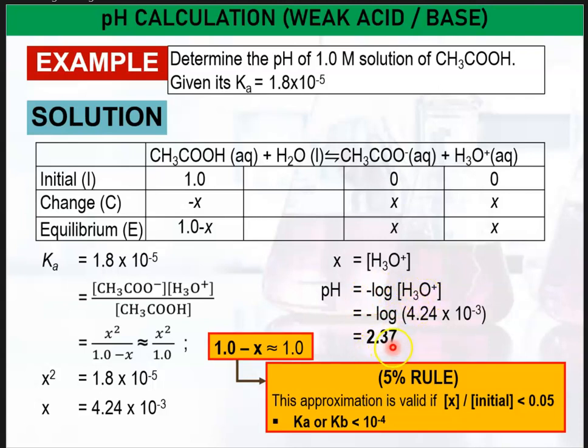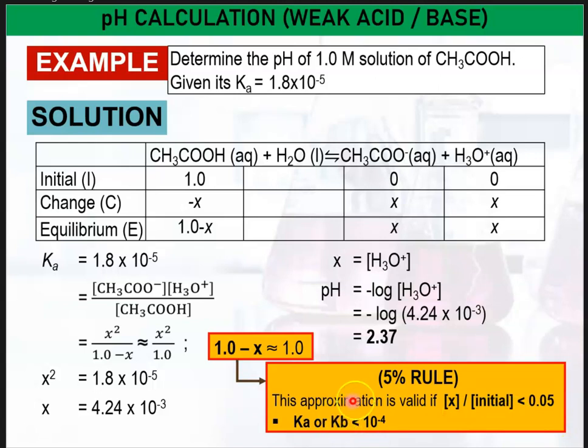So this is the way to calculate the pH, or how to solve a problem like this. Remember this assumption. This assumption is only valid if, once we get the value of X, you divide X by the initial concentration, which is 1, and the value is less than 0.05.